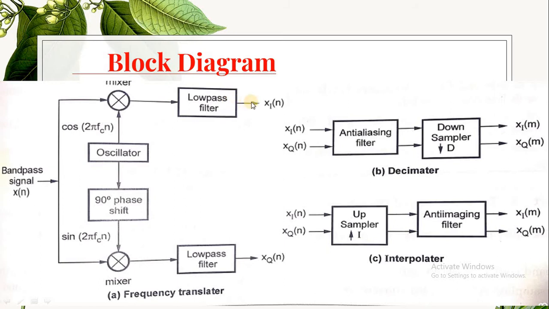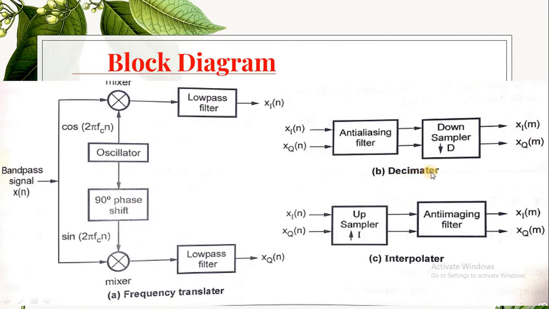These two low pass filters give the outputs xi of n and xq of n, the in phase component and the quadrature phase component. This is the simple working of the frequency translator.